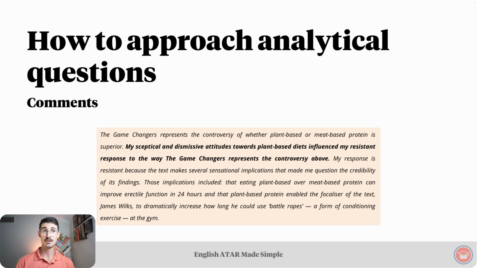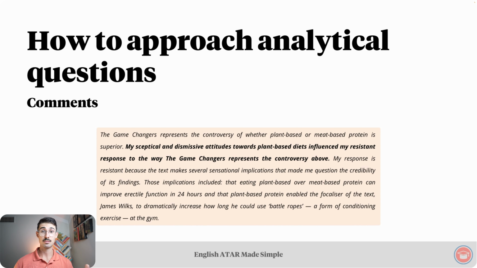This sentence tells the marker that I'm aware that the controversy of plant-based versus meat-based protein is represented in the text such that the former is favored over the latter. Said differently, this text is representing that controversy in such a way that favors plant-based protein over meat-based protein. Ultimately, this sentence is telling the marker that I'm aware that the representation is just a version of reality put forward by the text creator.